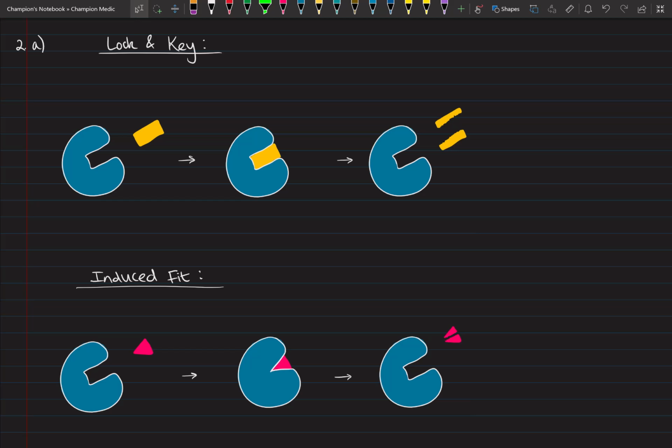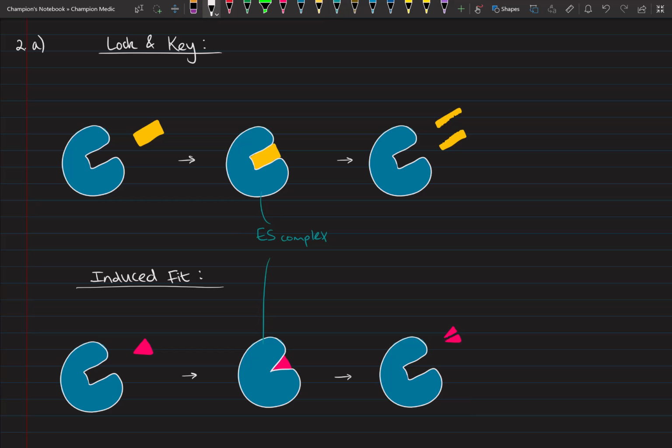So if you look at the diagram, in the lock and key model, which is the model we're taught at GCSE, you can see that the active site is directly complementary to the substrate, so it can bind straight away.